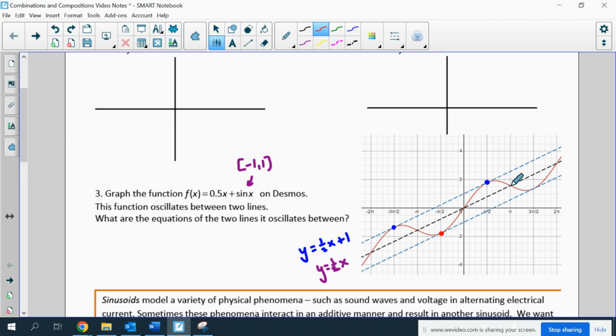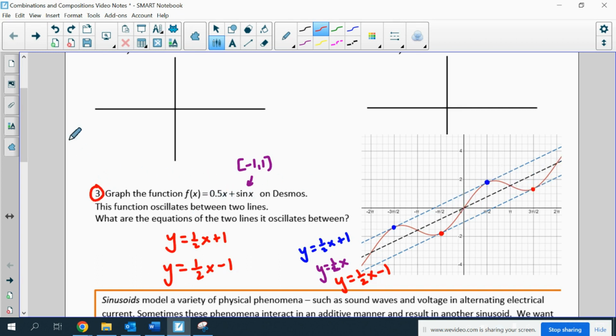But when sine is at its smallest, this would be the line y equals 1/2 x minus 1. So the equations of the two lines that it oscillates in between are y equals 1/2 x plus 1 and y equals 1/2 x minus 1. And it basically just follows the line y equals 1/2 x, going above and below it.